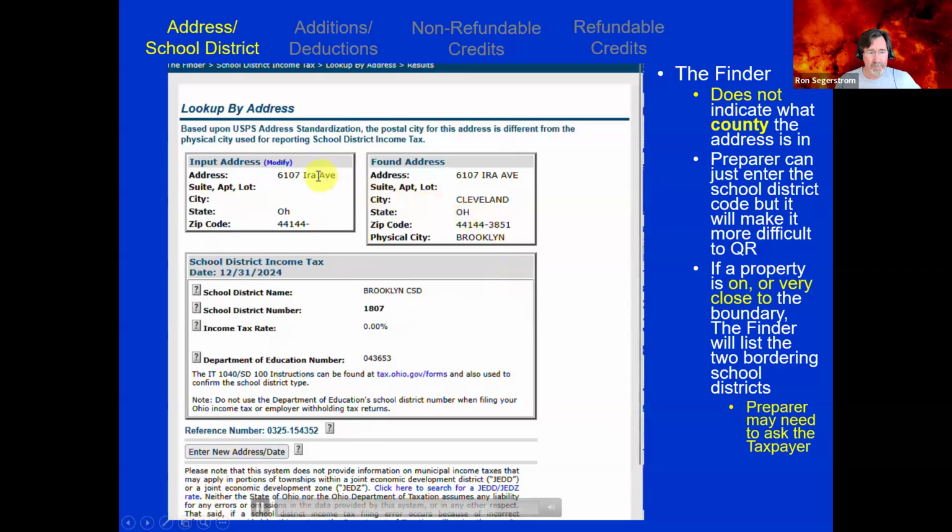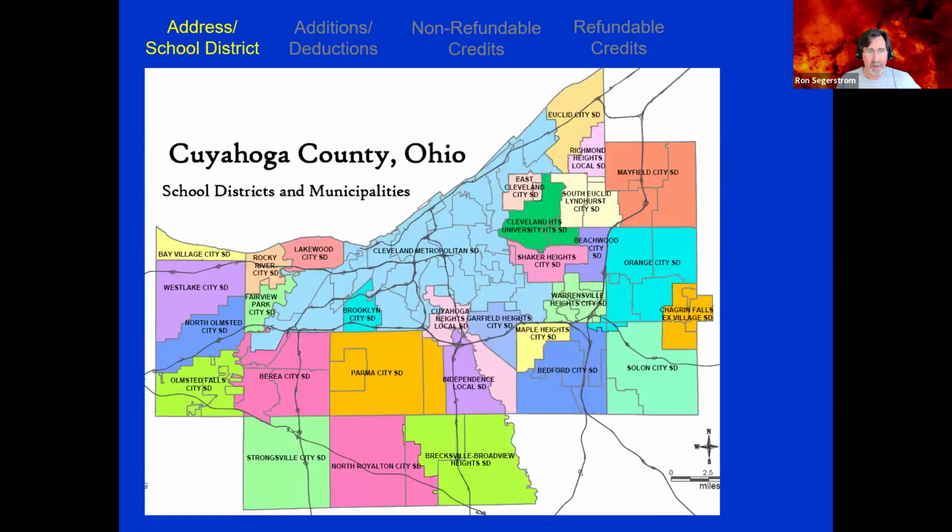It will give you the address. Here the city is Cleveland, but the physical city is Brooklyn. It'll give you the Brooklyn school district and the school district number that you can put in directly into TaxSlayer, or just select Brooklyn School District from Cuyahoga County.